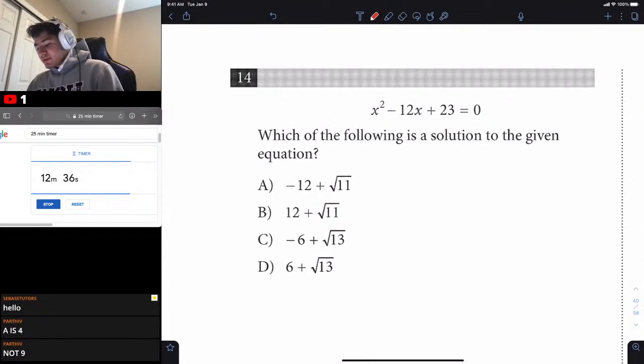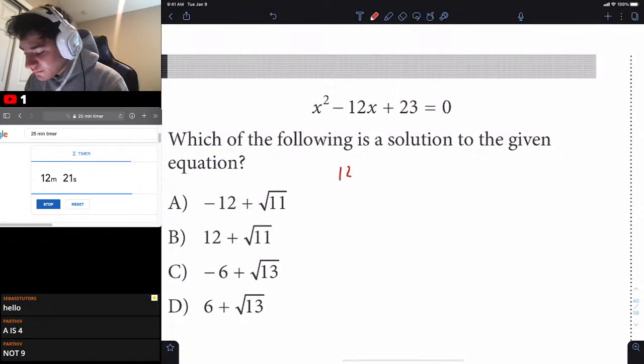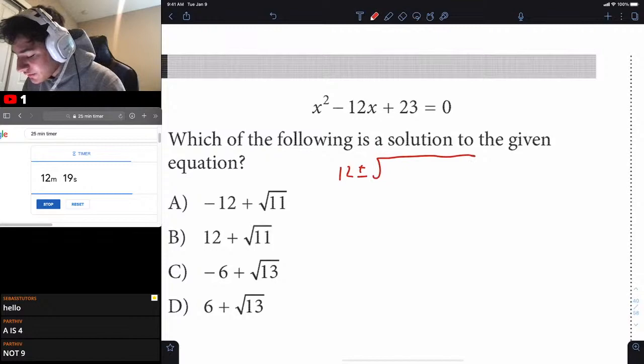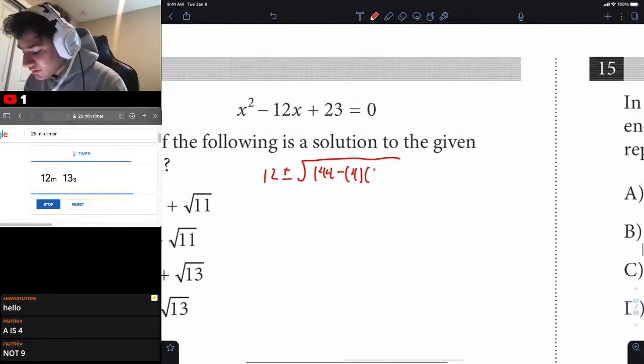Which of the following is the solution of the given equation? Let's go ahead and do some quadratic formula. When I see roots in the answers, I want to use quadratic formula because I know it's going to be some sort of weird thing. So negative b here is just 12, plus or minus the square root of b squared, which is 144, minus 4 times 23, all over 2.